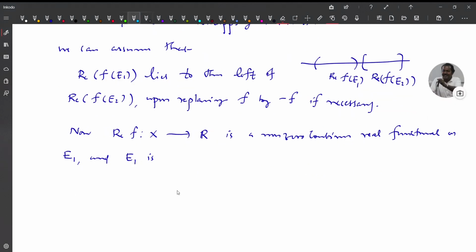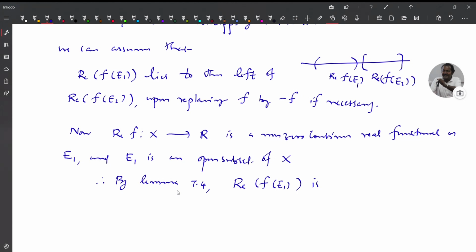And E1 is an open subset of X. Therefore, by Lemma 7.4, the previous lemma, the real part of f of E1 is open. So it is in fact an open interval.